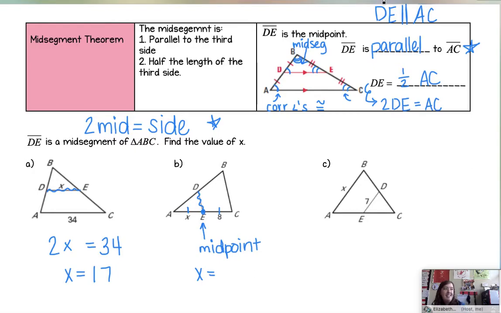Very good. Sorry, the chat is on my other monitor, so I keep bouncing back and forth. Good. So since E is a midpoint, both sides are the same. That means if between E and C is 8, between A and E is also 8. So X is equal to 8.